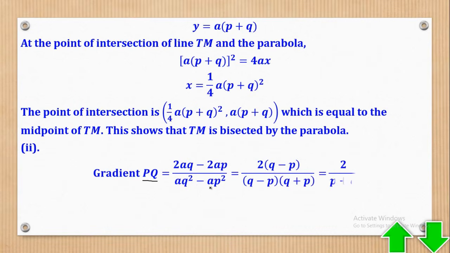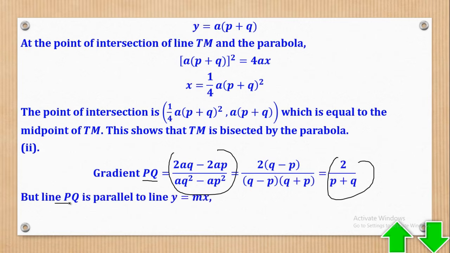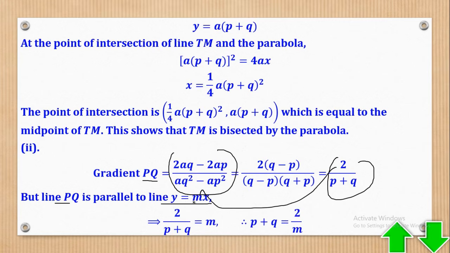So gradient of PQ is given by change in y over change in x, which in the end, when you simplify, you come up with 2 over p + q. But line PQ is parallel to line y = mx. What does that mean? It implies that they have the same gradient. That is why this gradient can be equated to this gradient, as you see here. Therefore, p + q is equal to 2 over m.